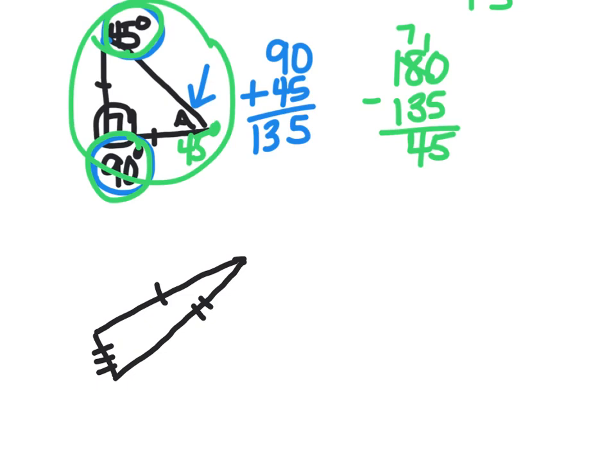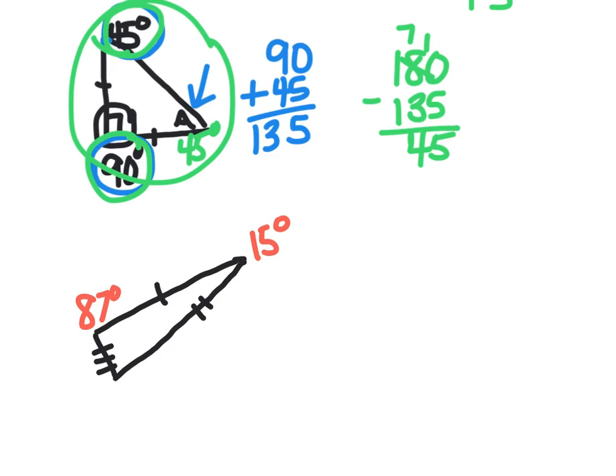Now we need to find the angles of this triangle. So I'm going to put this one at, let's see, it's not quite 90 degrees, so I'm going to put it at 87 degrees. And let's say this one is 15 degrees.